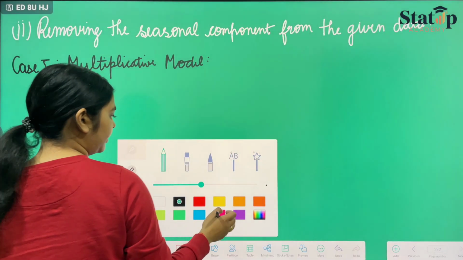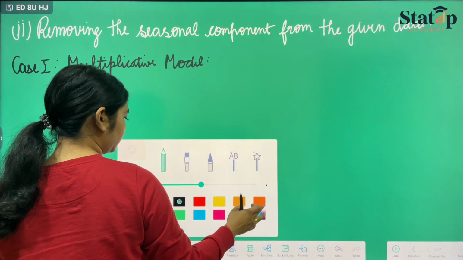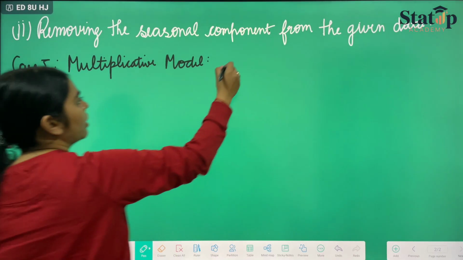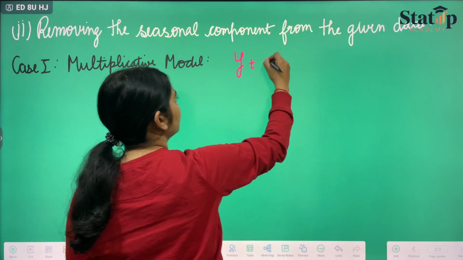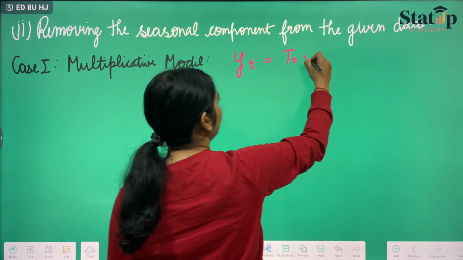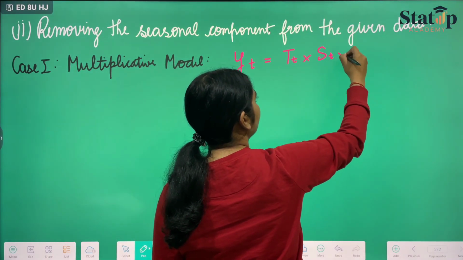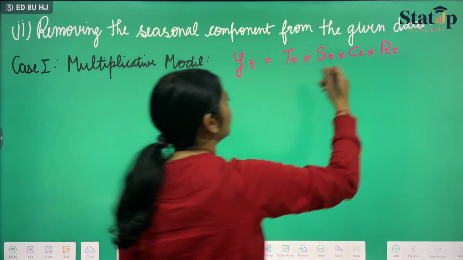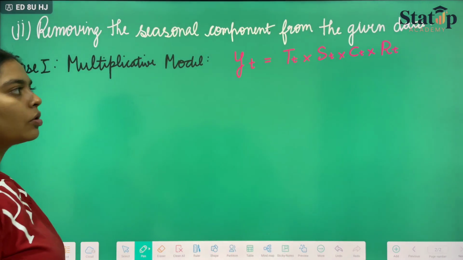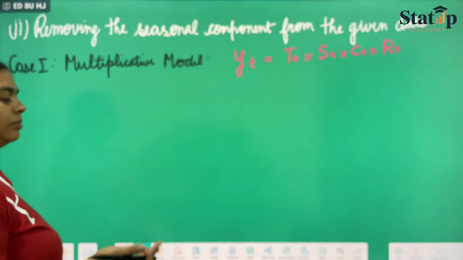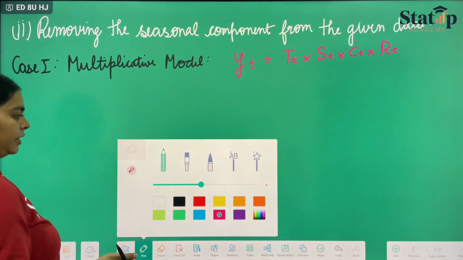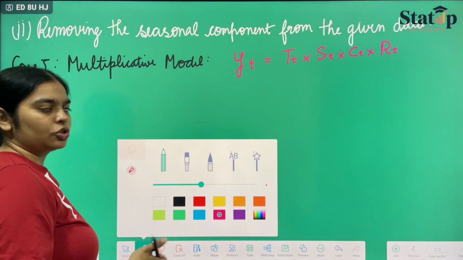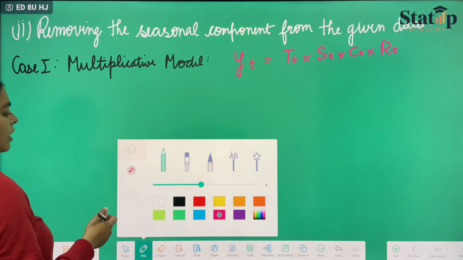That our model is something like YT equals trend into seasonal component into cyclical component into random component. So when our model has all the components multiplied, then it is a multiplicative model. In the starting we did this. If you are not aware of this, then you can re-watch the video again.